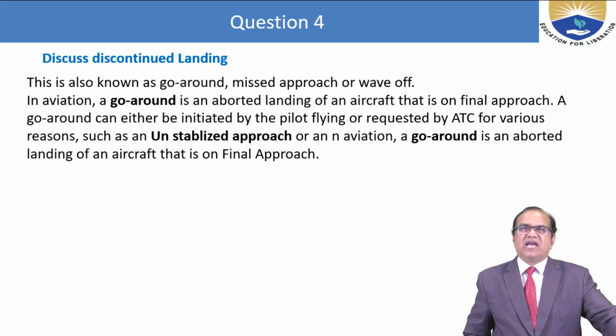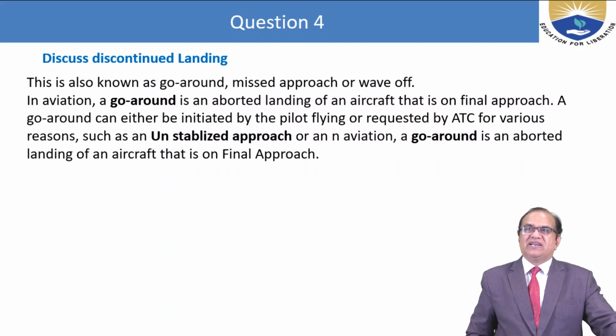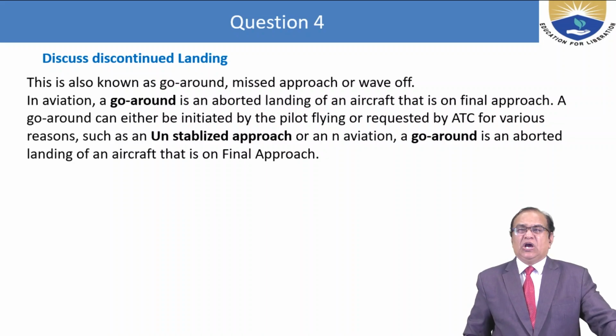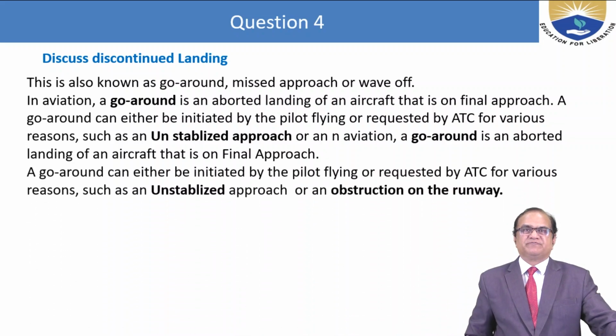A go-around can either be initiated by the pilot flying or requested by ATC for various reasons such as an unstabilized approach or an obstruction.